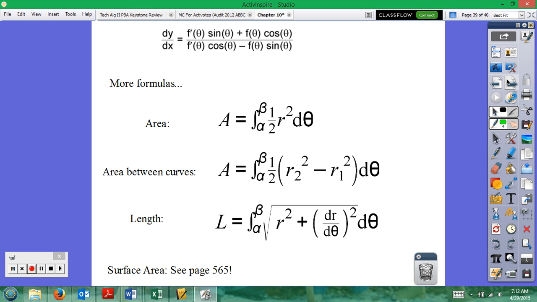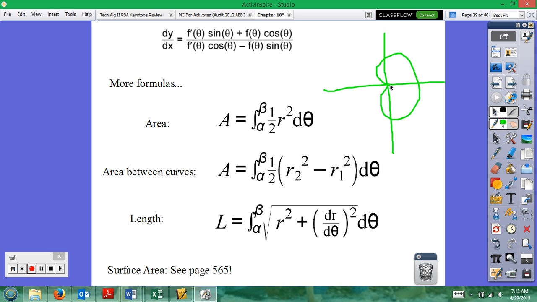So there's your formula. The focus of this video is to make sure you have the essential formulas, so I've got the rest listed on this slide. First we've got area. When you think about a polar curve, what does area mean? It's different from area between the graph and the x-axis. Area with a polar curve means between the curve and the origin. You can have graphs like a cardioid, which looks kind of like that.